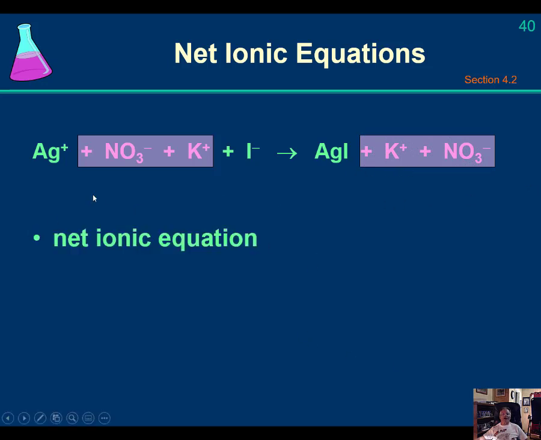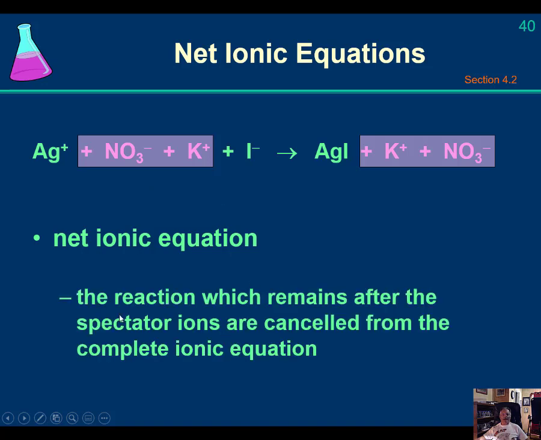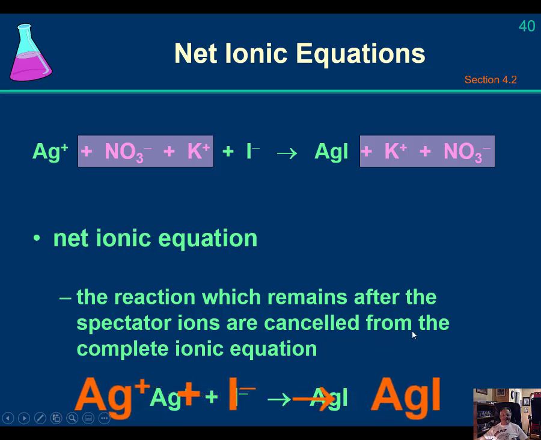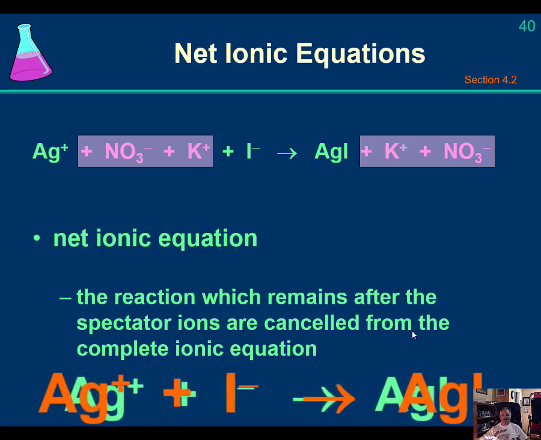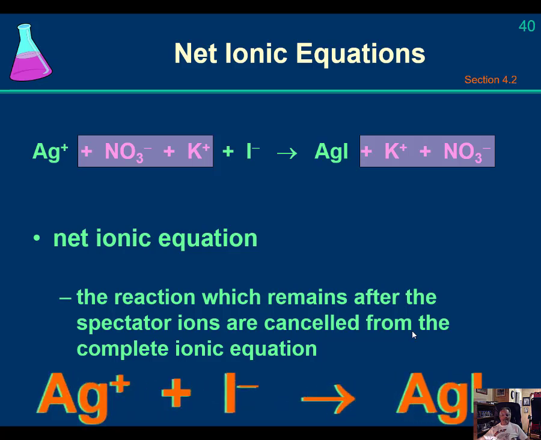It doesn't mean that they're not there, but in terms of the way that you're analyzing the equation, you throw them out because they're not doing chemistry, and the reaction that's left over after you get rid of the spectator ions, that's called the net ionic equation. There it is, coming at you. This is the net ionic equation.